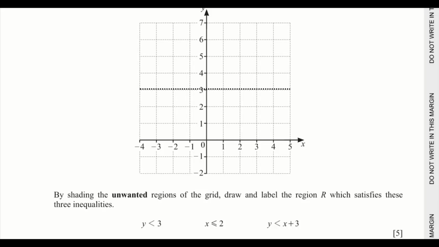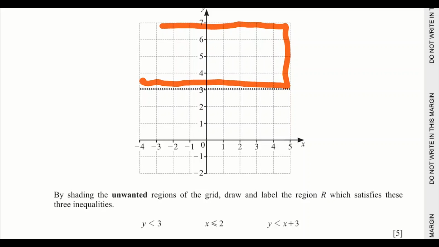Okay, good. But we need to shade the unwanted area. So the wanted area is down, so the unwanted area will be up. Let's shade the unwanted area. It will be this area, like this. Just try to take the edges first.